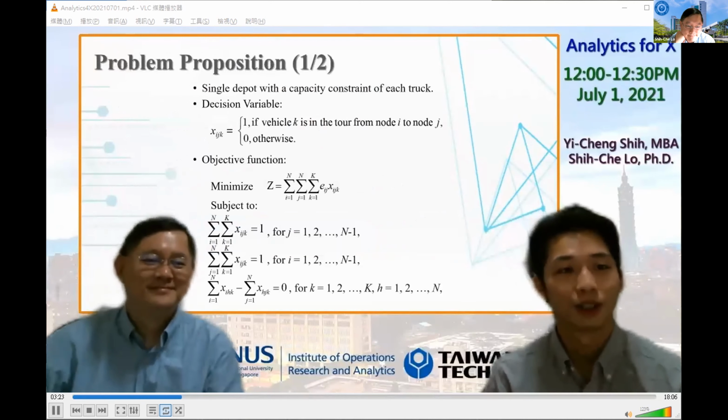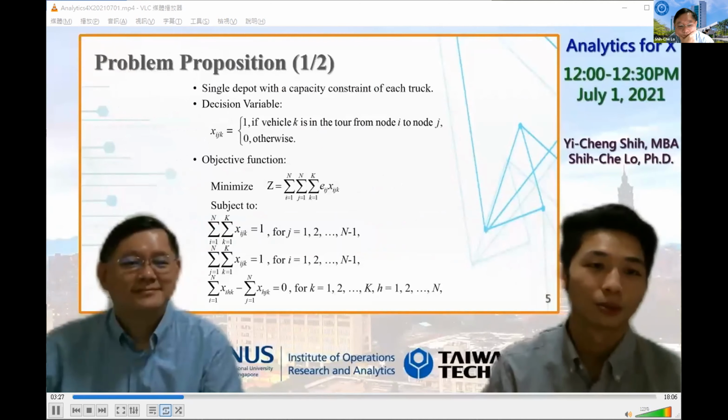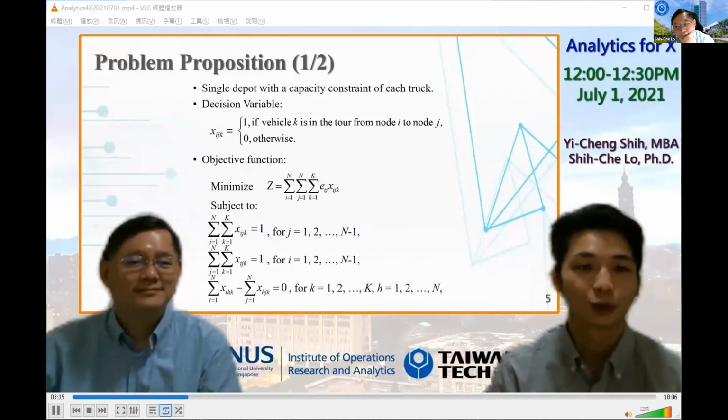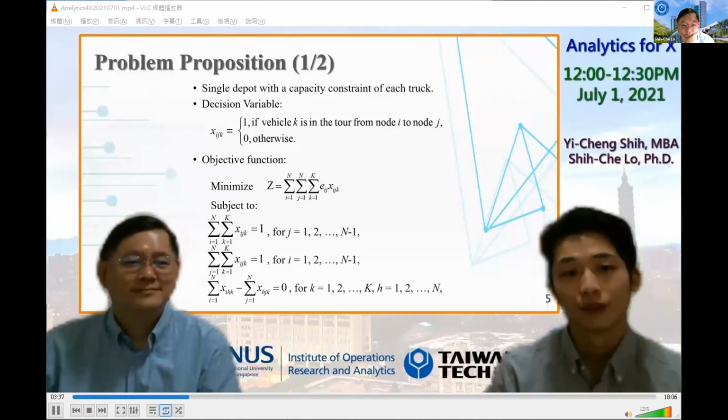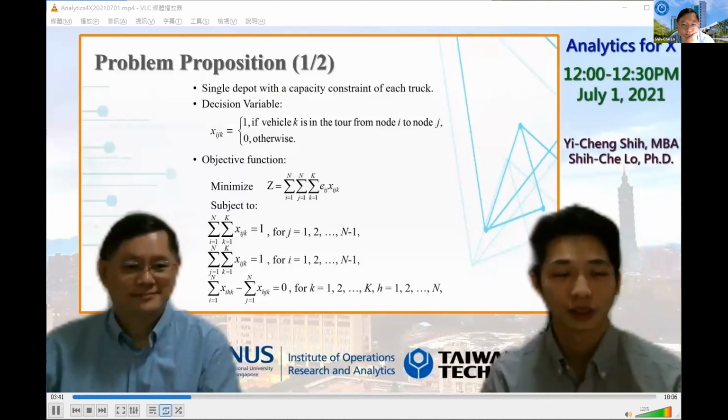And this is our problem proposition. We focus on the problem having a single depot with a capacity constraint on each truck. When the decision variable x_ijk equals 1, it means that vehicle k is on the route from node i to node j.